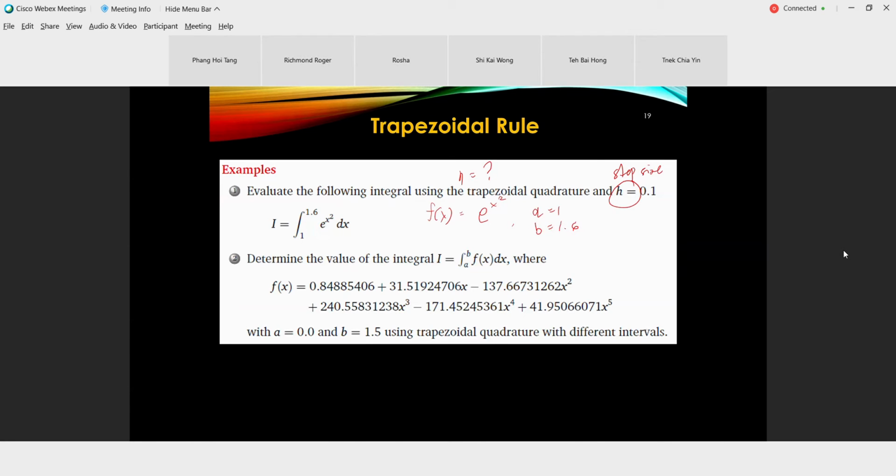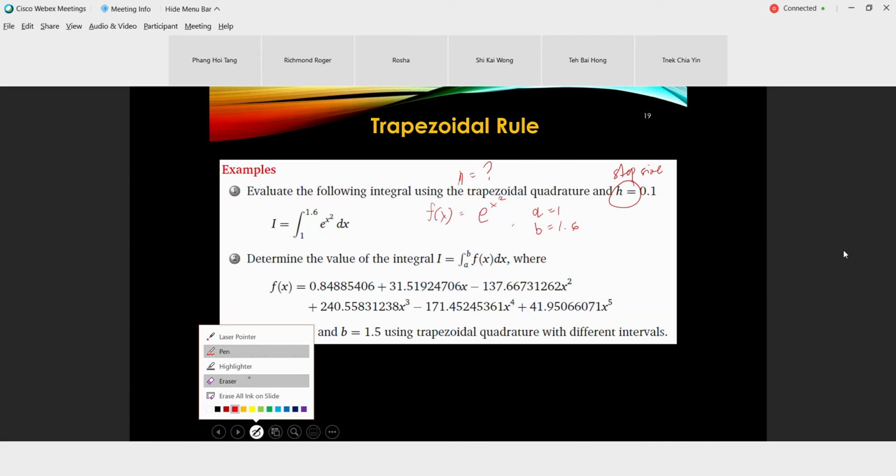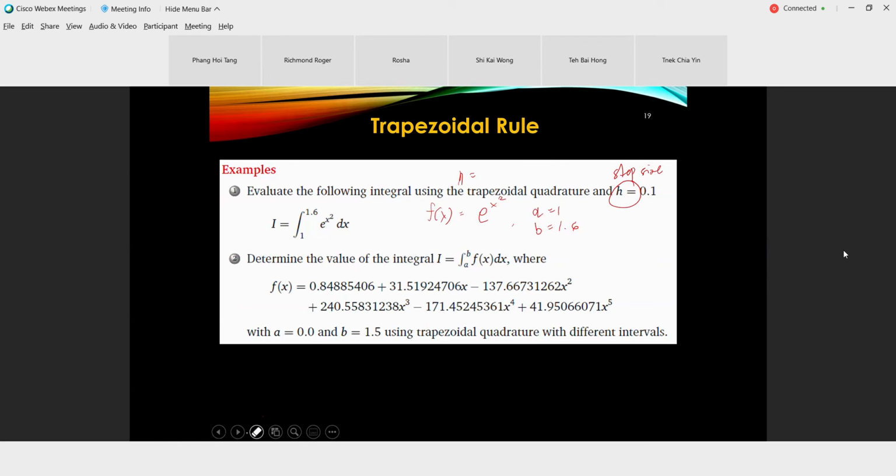How can you know it is 6? Because h equals B minus A over n, so we can get n from there. Good, Arif. Everyone, can you understand what Arif tried to explain to us? Okay, so now we know that n equals 6.